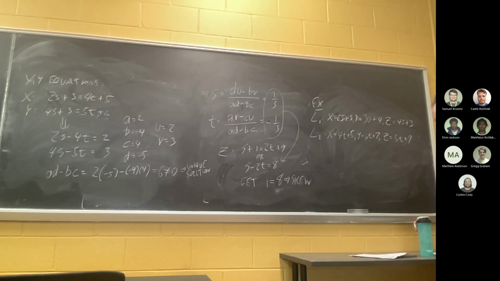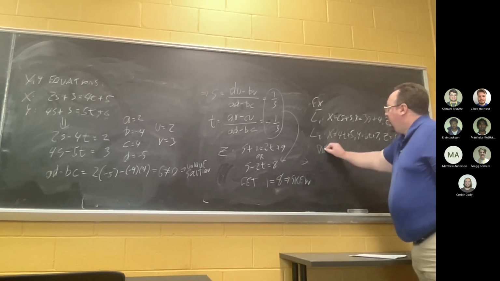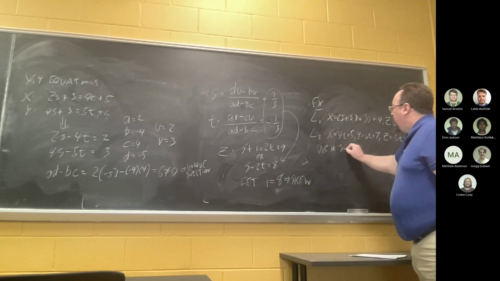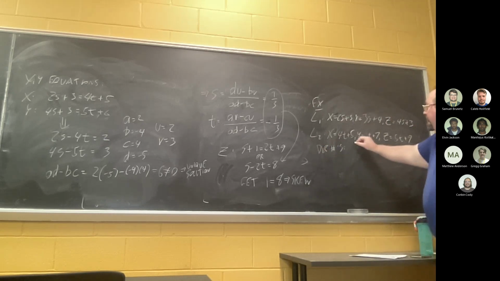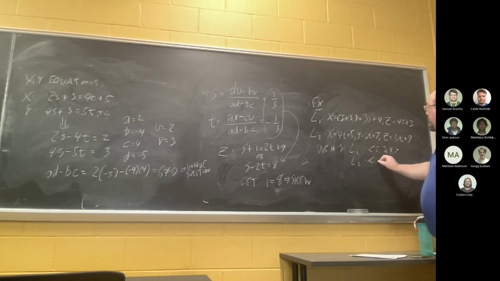Now, if we look at the direction numbers, for the first line we have the vector with direction numbers 2, 3, 4. And for the second line, we have the multiples of t: 4, 6, and 5.